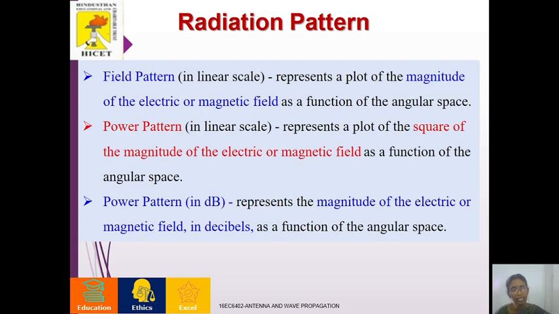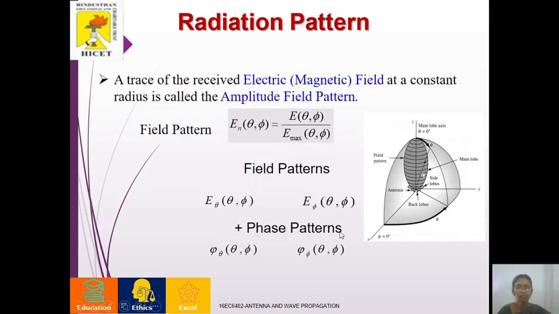Power pattern in linear scale gives a plot of square of the magnitude of electric or magnetic field as a function of spatial coordinates theta and phi. Power pattern can also be given in dB, as the magnitude of electric or magnetic fields represented in decibels as a function of angular space.